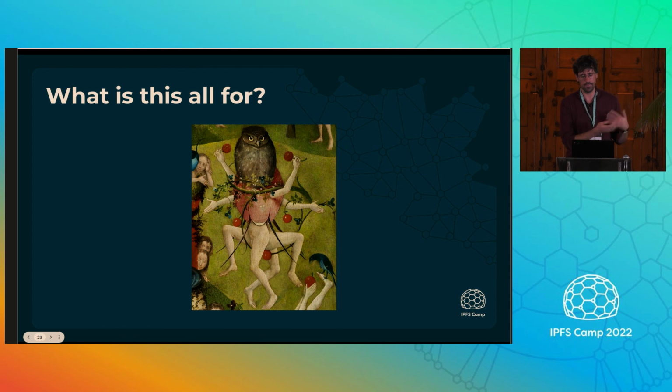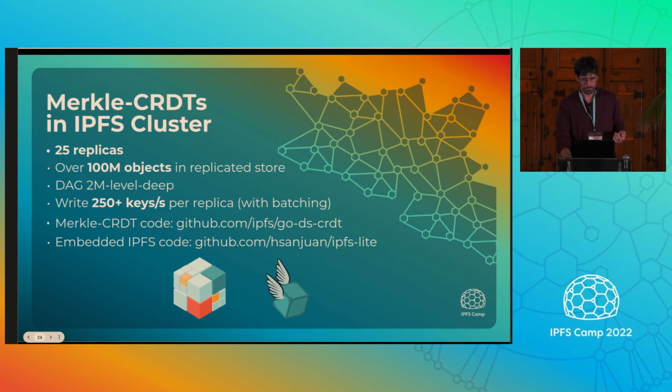Therefore, we implemented our pinset syncing layer with Merkle-CRDTs. And we have proven that the Merkle-CRDT datastore that powers Cluster can now scale to 100 million keys and 100 million objects on top of what is now a pretty big Merkle DAG, because it's been growing for a year.